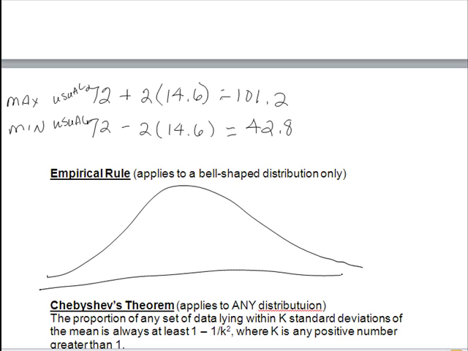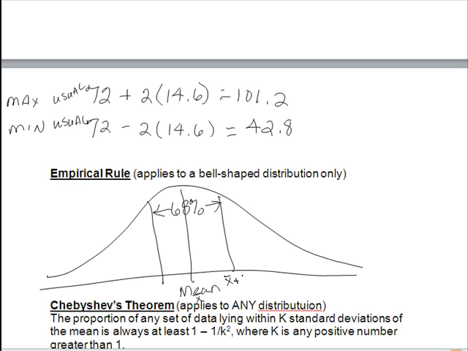And what we find is that 68% of the data values will fall, and I'm just going to call it X bar, within one standard deviation of the mean. Okay, so X bar plus S and X bar minus S.